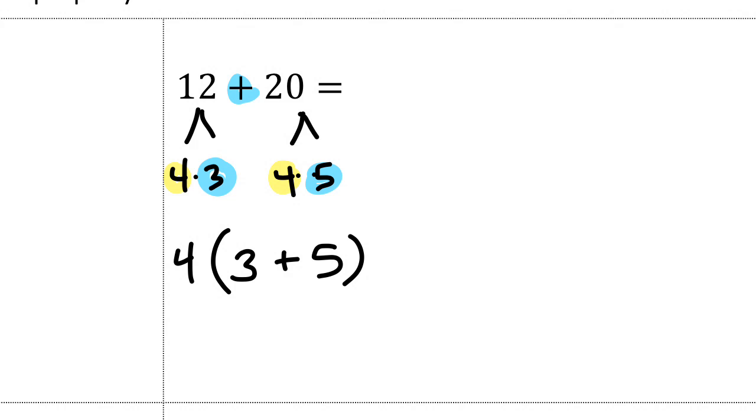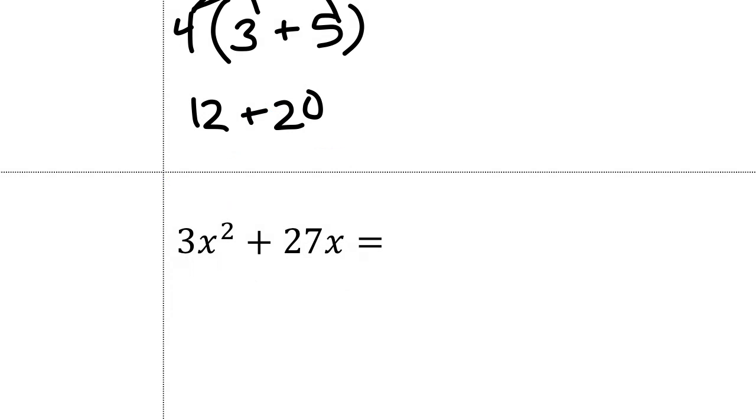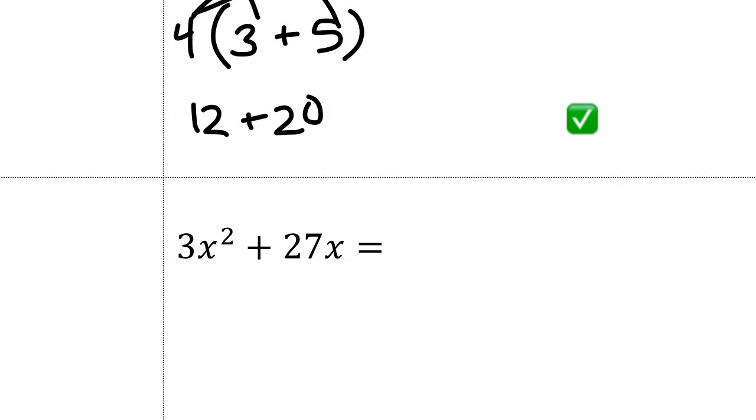One thing that I can always do is distribute it back in and make sure that I get the same expression. So 4 times 3 is 12, that's correct, and 4 times 5 is 20, that's correct. So I can check just like that I actually got this correct expression here. Checked it, done.